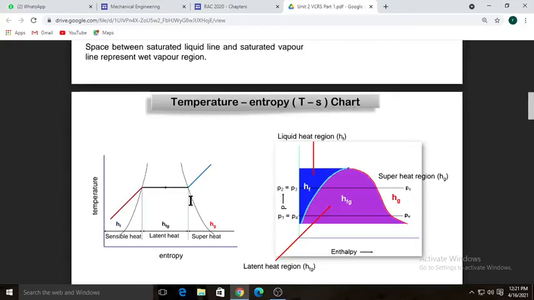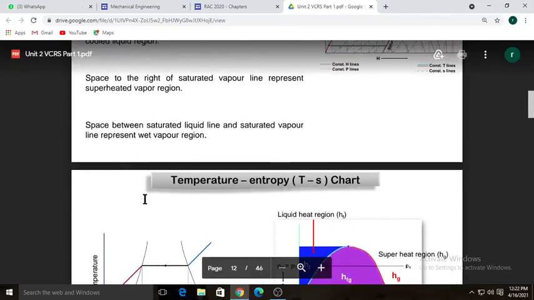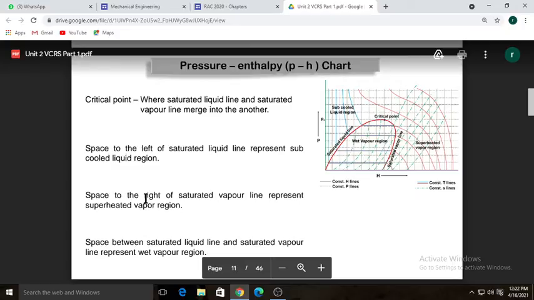That's why we call it the saturated vapor line. And suppose the liquid very adjacent to this point, if we cool this liquid slightly, then it will be converted into the solid. That's why we call it the saturated liquid line.